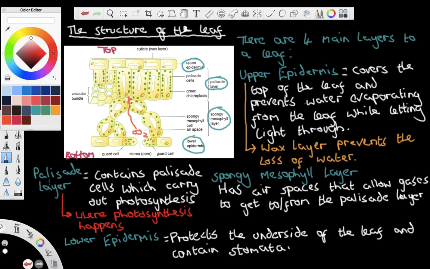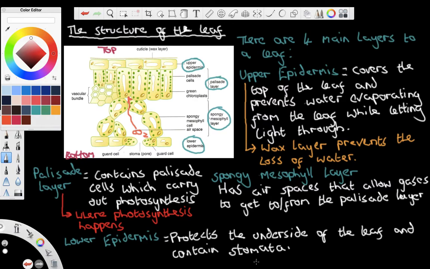The palisade layer contains palisade cells which allow the leaf to do photosynthesis. Palisade cells are where photosynthesis happens. We've got the spongy mesophyll, which allows gases in and out of the leaf so that they can get to and from the palisade cells for photosynthesis to happen. And we've got the lower epidermis, which protects the underside of the leaf and contains stomata.